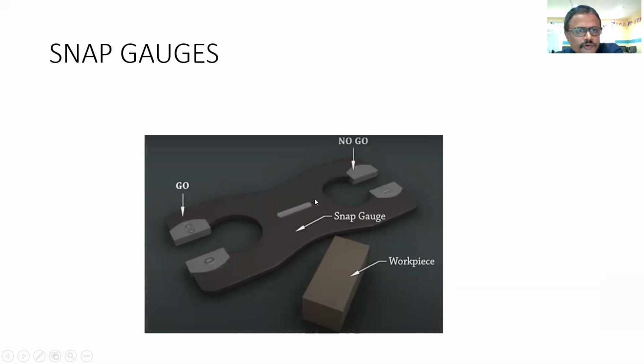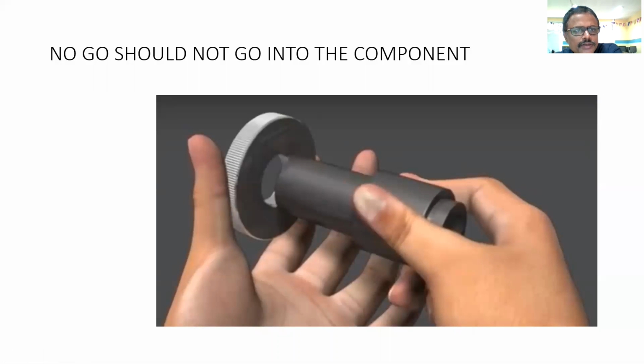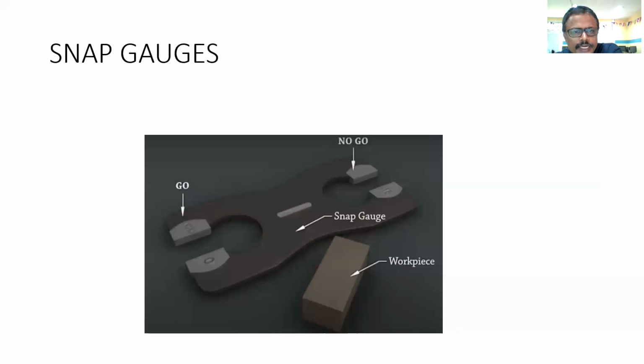Now, before we go to the snap gauges, you should understand ring gauges. What are ring gauges? They are used for checking the dimensions of the shafts.